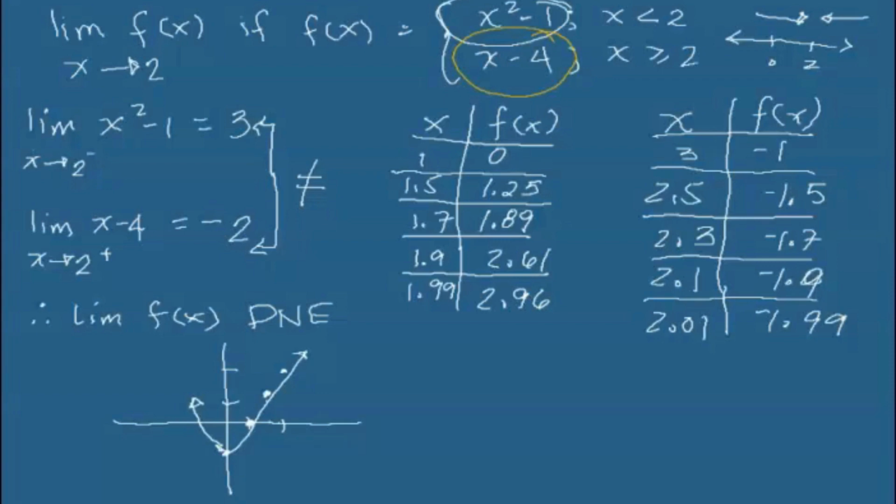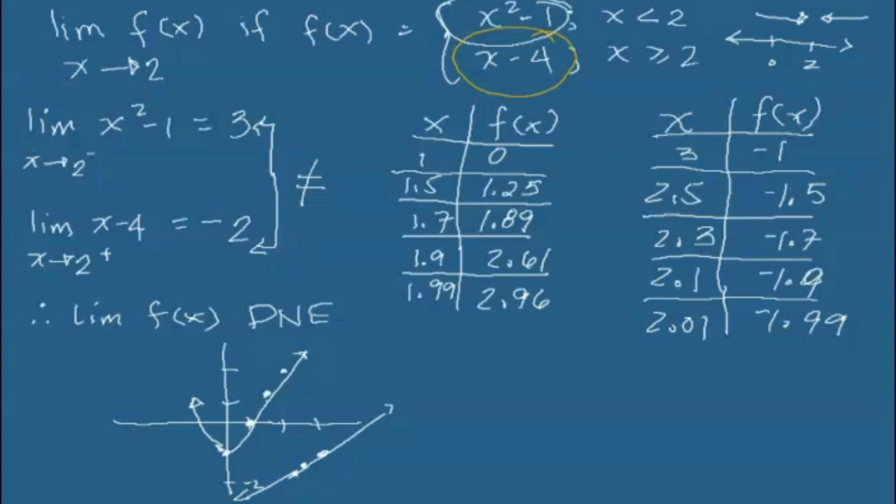And then our x minus 4, so we have 3 and negative 1, 2.5 and negative 1.5, 2.3 and negative 1.7. So it's here. As we can see, our parabola and the line, the piecewise functions, don't connect.